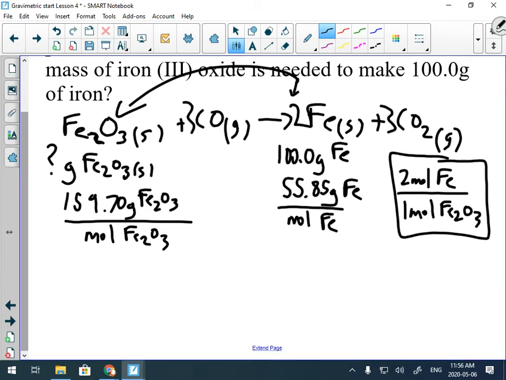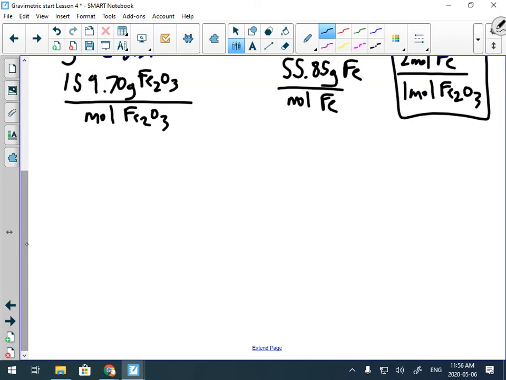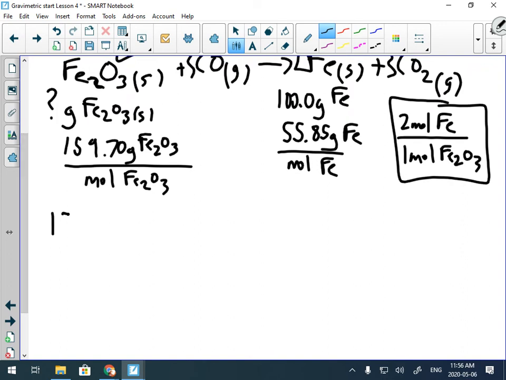So what are we trying to solve for? We're trying to solve for grams of iron oxide. So we hunt for that. There it is, molar mass. What's similar between the last 2 problems? We always start with the molar mass of the substance we're solving the mass for. 159.70 grams iron oxide per mole iron oxide.